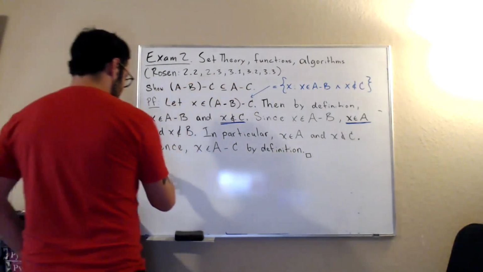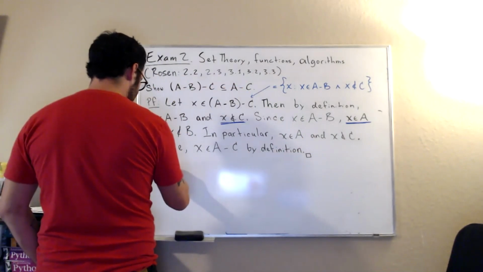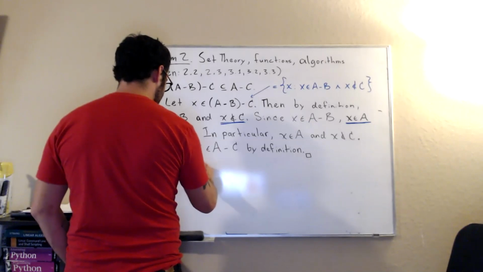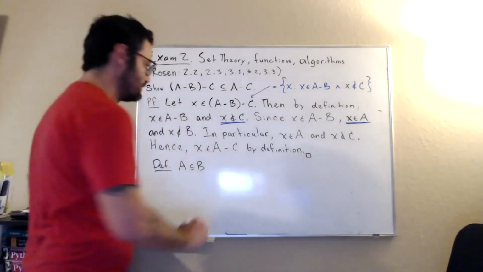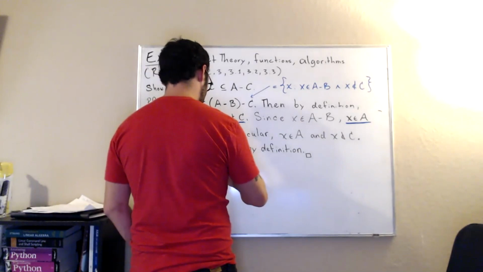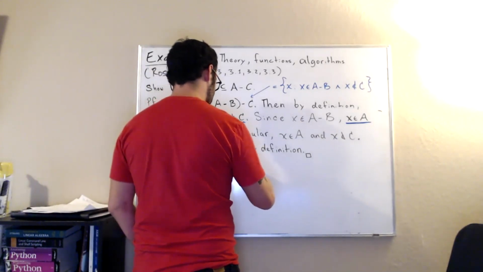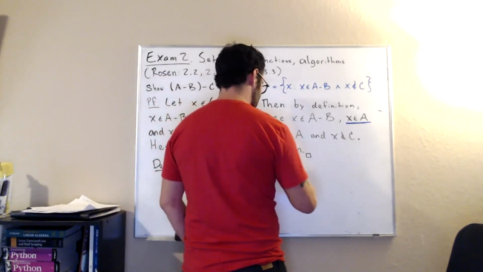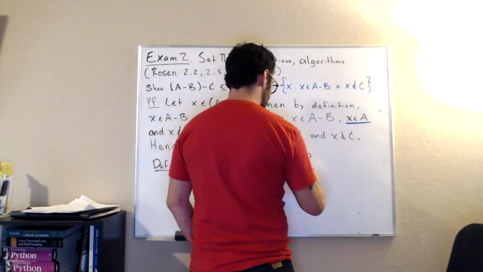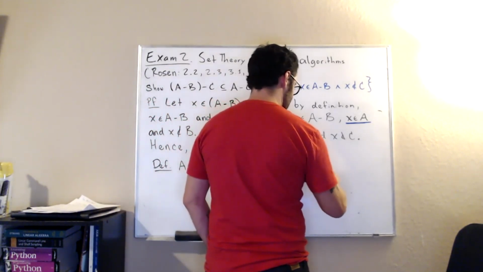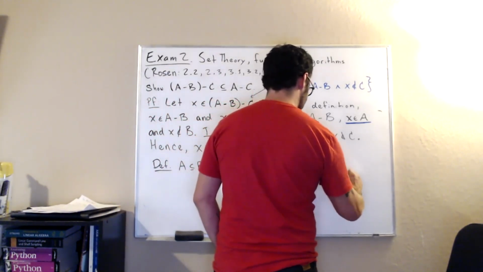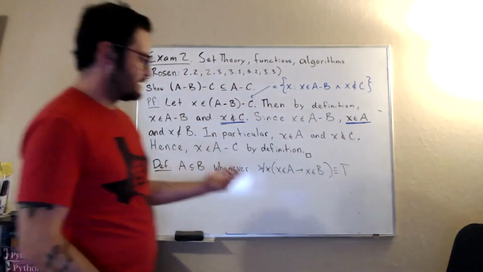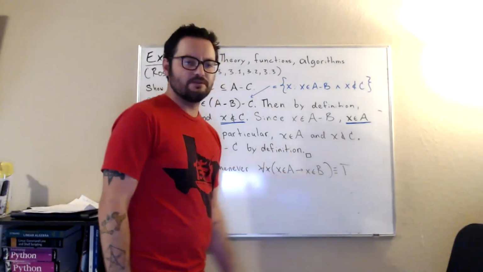So I guess it's been a few weeks, so just recall the definition that A is a subset of some set B whenever for all x, x is in A implies x is in B. So the idea is to pick something here and then show that it must be in the other side.